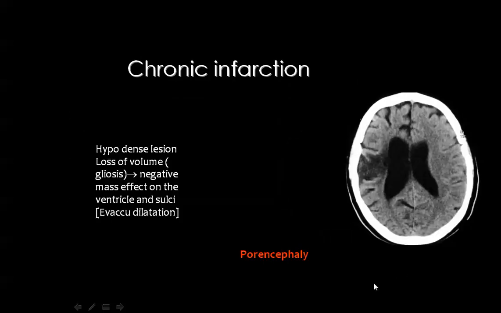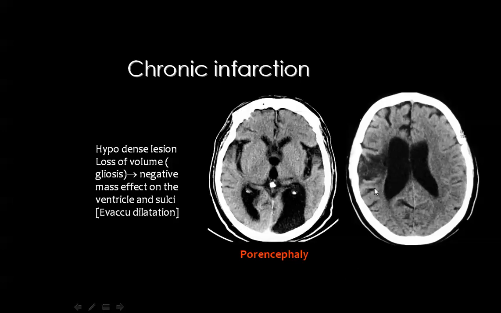Then chronic infarction is an area of brain tissue which is dead and liquefied with the consequent loss of volume and the compensatory dilatation of the ipsilateral ventricle. After some time, the infarcted area contains fluid and the ventricle also contains fluid. Both fluids are only separated by the very thin ventricular wall.